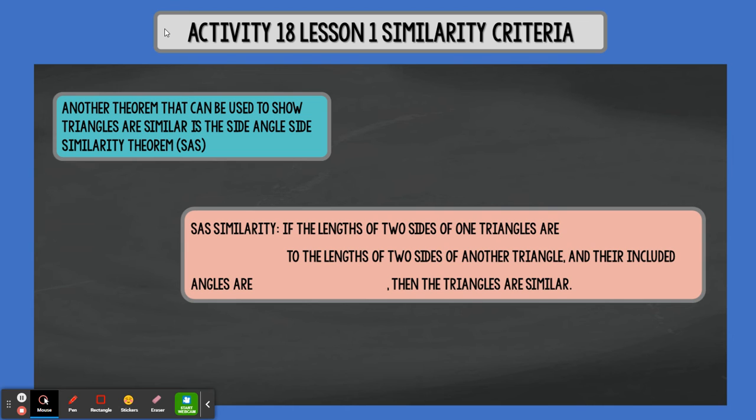So if the lengths of two sides of one triangle are proportional to lengths of two sides of another triangle, so they're not the same, they're proportional, and their included angles are congruent, then the triangles are similar.